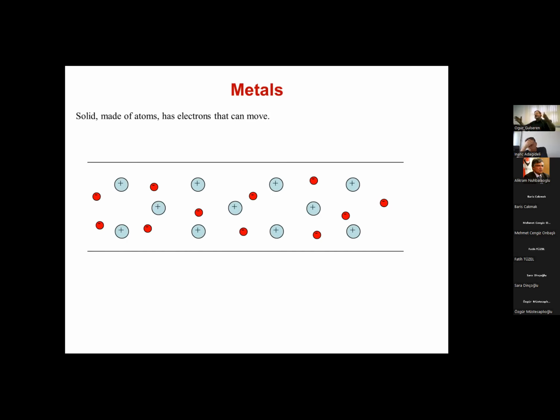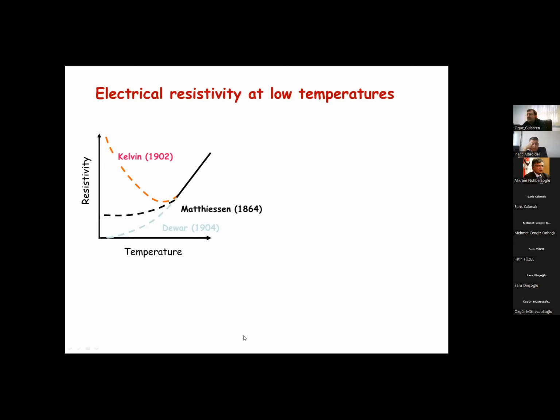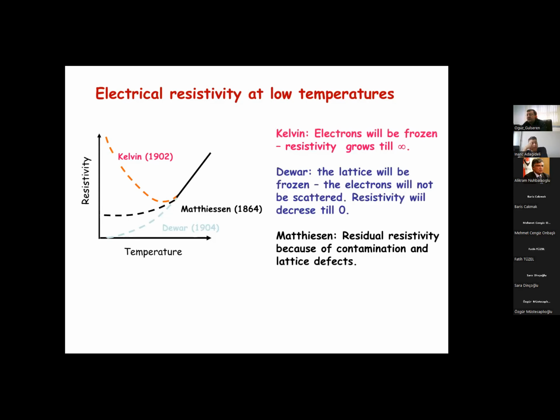So if you apply a field, you will see the current here, but because of these scattering centers, from this semi-classical model, we can describe the conductivity in metals and so on. Okay, so let me return back to the superconductivity.